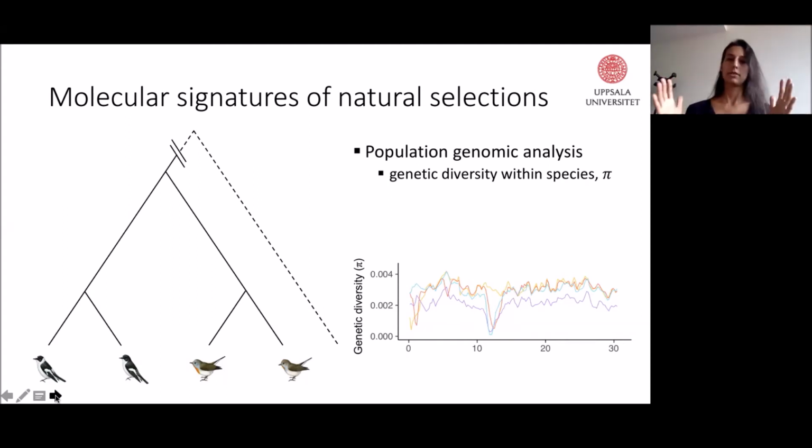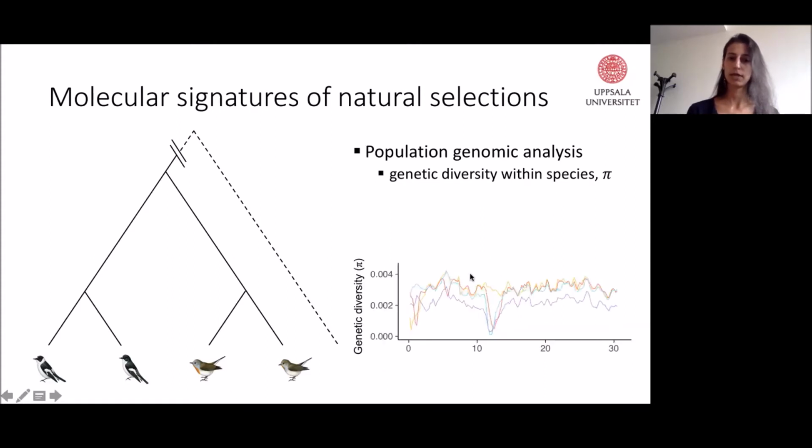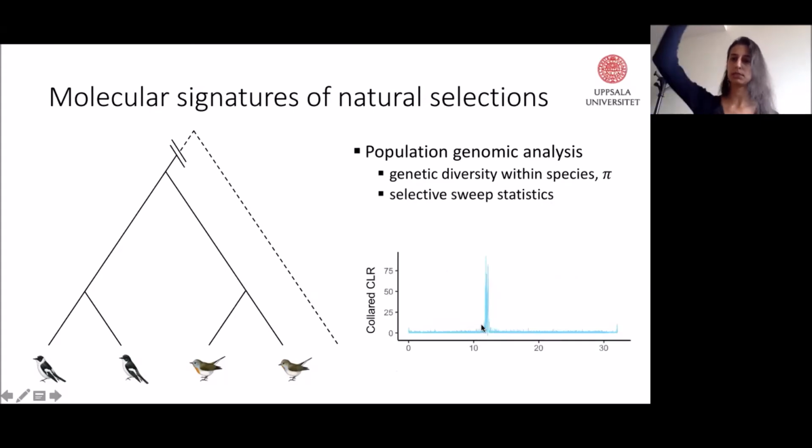If we find this evidence too indirect, we can also go further and support or corroborate these results with the help of direct measures of selective sweeps, which we can also retrieve from population resequencing data. Here it's one of the 4 lines, and the blue line shows the dip in these regions. Exactly where we saw the dip in genetic diversity, we find a signature of a selective sweep. This kind of analysis can be done if we look within one population.